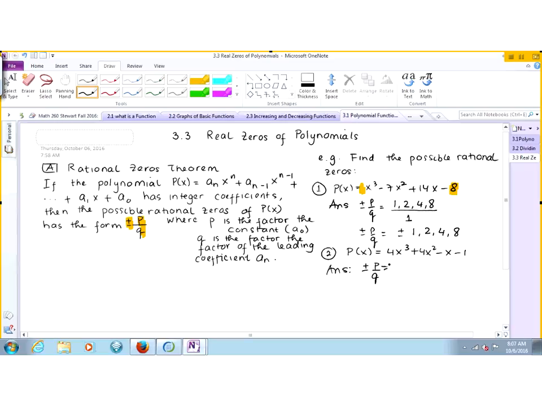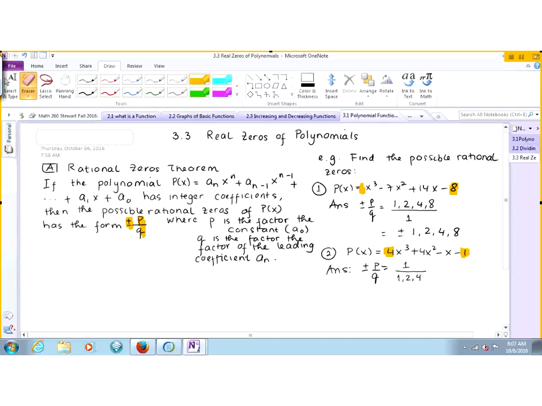So can you give me a list then? So P, what am I looking at? 1? Okay. So what are all the factors of 1? Just 1. All right, good. Now Q, what am I looking at? 4. So what are all the factors of 4? 1, 2, and 4. So what are my possible rational zeros?